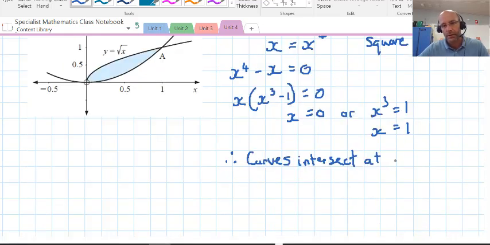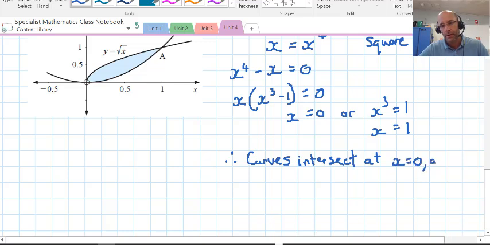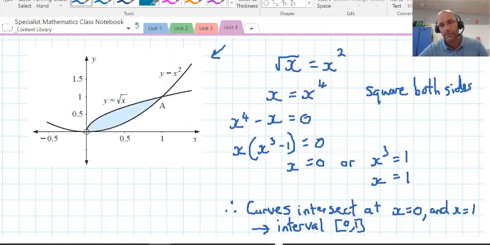So the curves intersect at x equals 0 and x equals 1, so that gives us the interval from 0 to 1 inclusive. Oops, I didn't write my 1 in there. So square brackets 0, 1. And that matches the diagram.